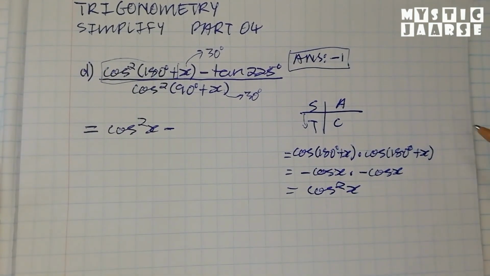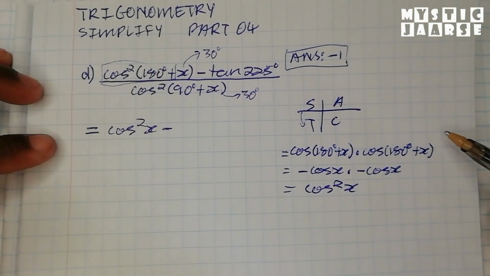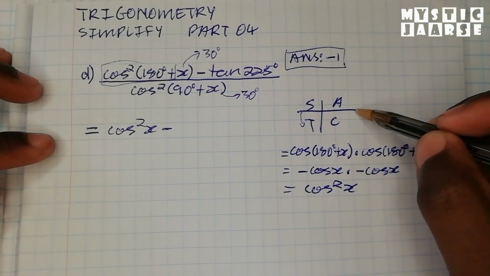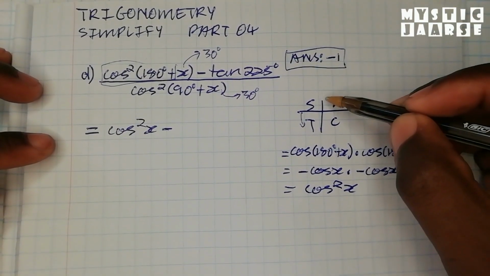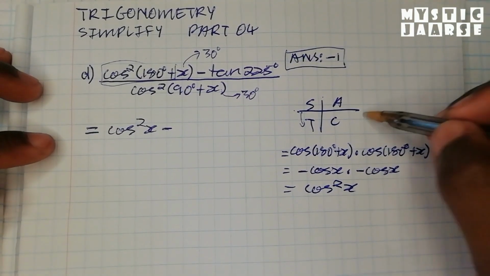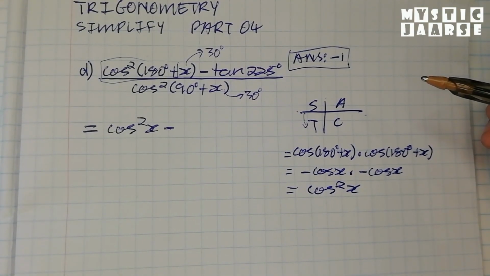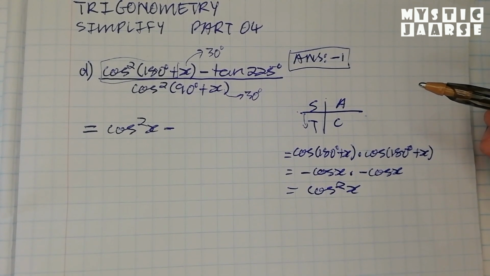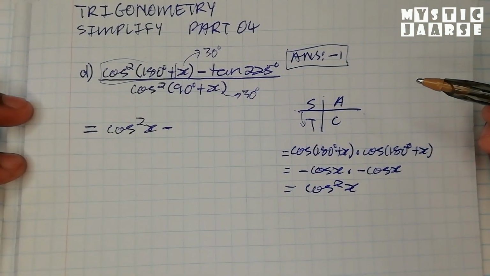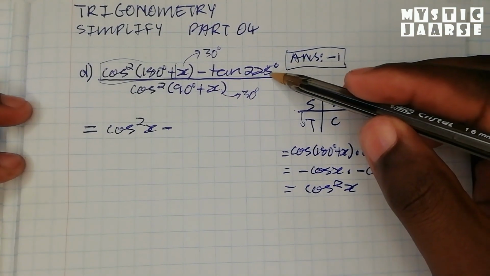Now 225 is an angle that is not defined by 90, 180 or 360. So we need to reduce it in a way that we get a 90, a 180 or a 360. But there is also another way to reduce angles.